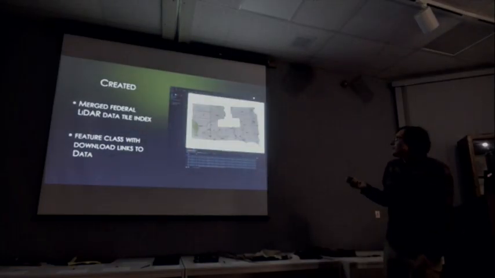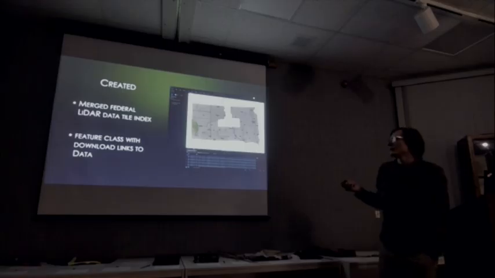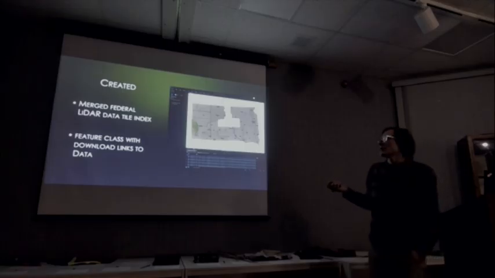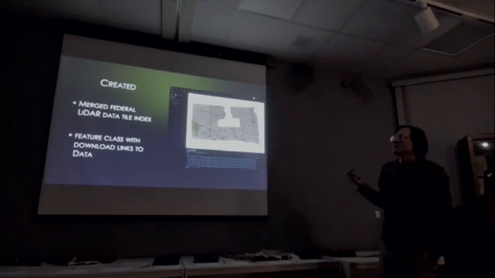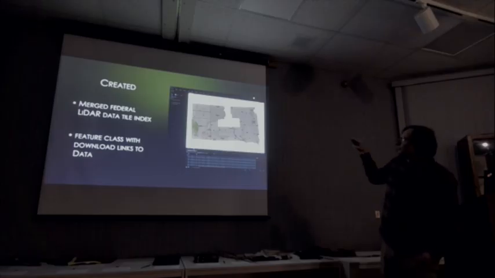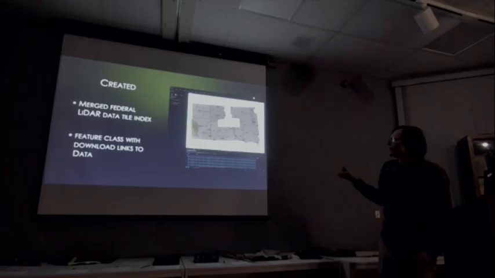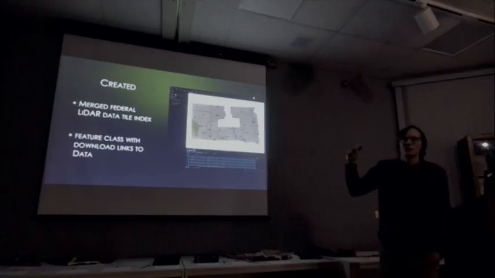So to begin the process of creating data for what I thought was going to be half the state going in, I knew that I needed what's called a tile index, or I needed a lot of tile indexes, and I wanted to combine them just for ease of use. So these are grids that are usable in geographic information system software, where basically the cells of the grid are associated with a specific tile index, associated with a specific tile name.